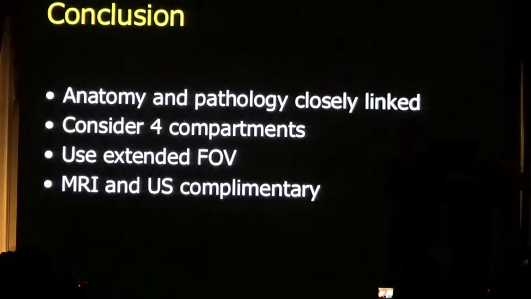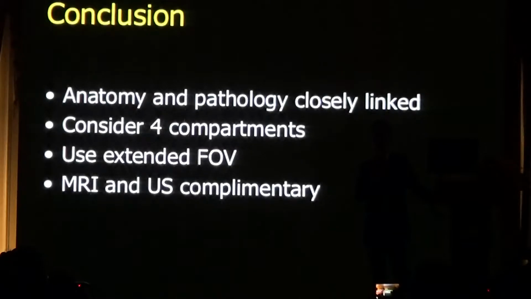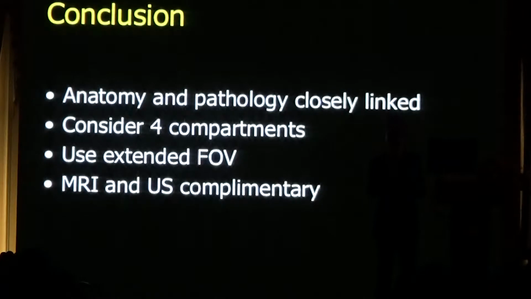So just to conclude, the anatomy and pathology are closely linked when we are examining the knee. Consider the four compartments. As I said, as with many other musculoskeletal examinations, it's often a very directed question that is asked. So in other words, your clinician may be asking you, is there a problem with the quadriceps?